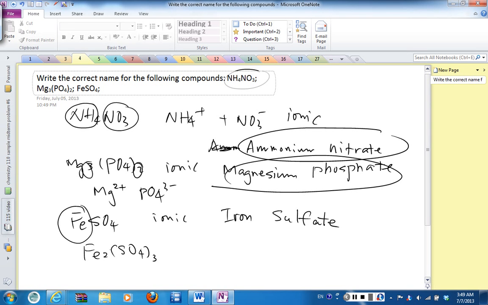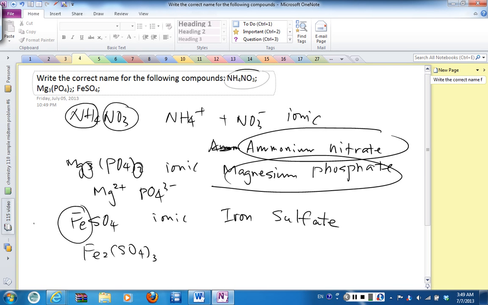Why can't you have a fixed ratio like magnesium phosphate? Here's the sign. Iron is not a main group element. Iron is a transition metal. And transition metal cations sometimes have different charges.